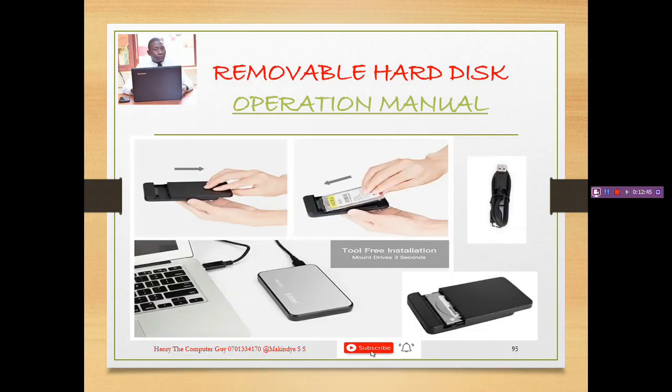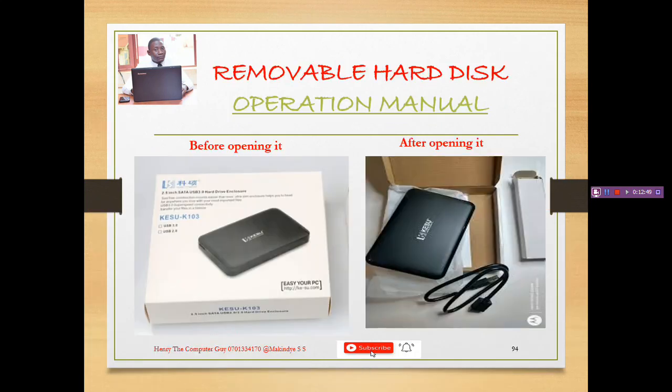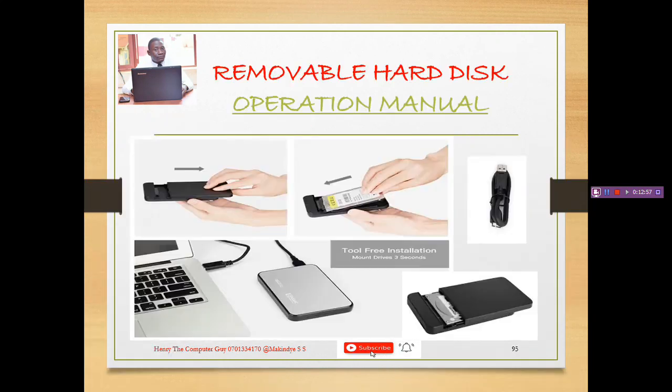Now, remember in the beginning, they told us that we are supposed to open it. So we have opened it now. Then we come to what we call the second step. They told us that we are going to be opening the cover.